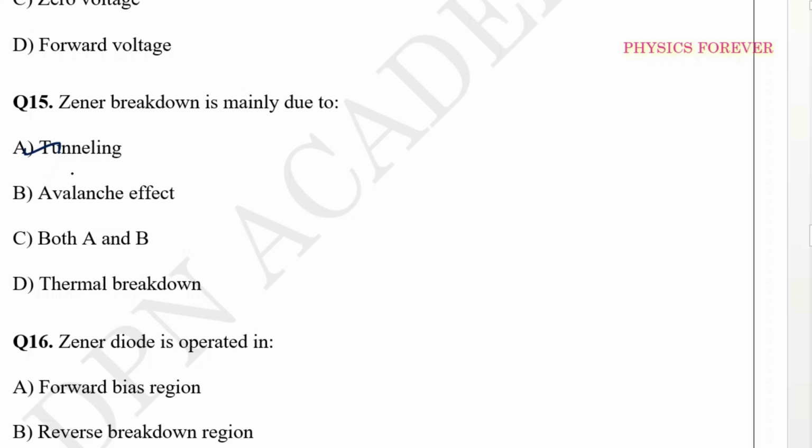So Zener breakdown occurs due to tunneling in a heavily doped diode. ஸோ டயோடு வந்து ஹெவியாக டோப் பண்ணும்போது கண்டிப்பாக Zener breakdown வந்து tunneling can occur. ஓகே, அப்போ tunneling எப்போ occur ஆகும்? In Zener breakdown the diode will be heavily doped. ஓகே.